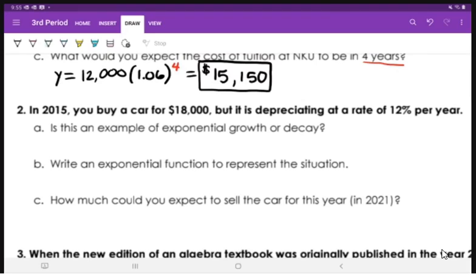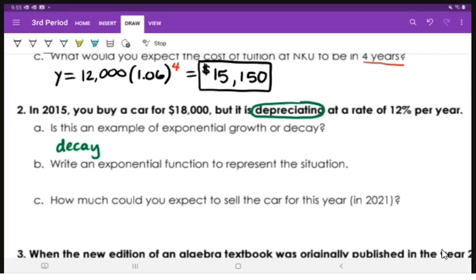And that key word is a word that I mentioned yesterday in our guided notes, depreciating. This is an accounting term that means that something is losing value. It's depreciating in value, or it's losing value. So that would be decay. Easy to remember because they both start with DE.